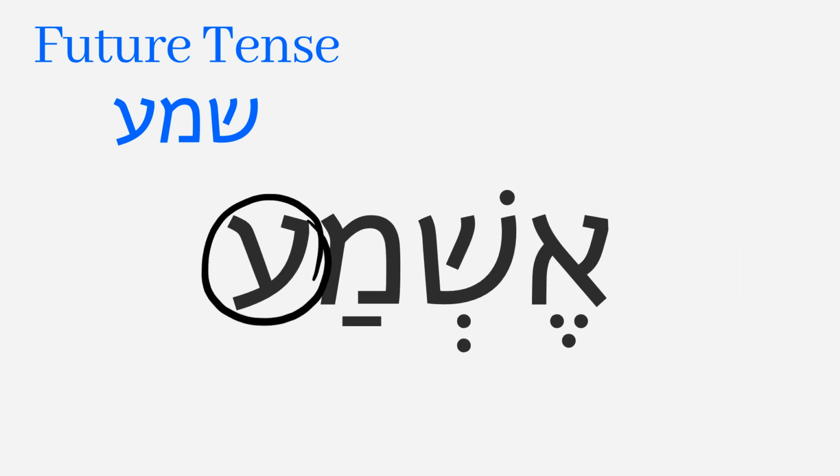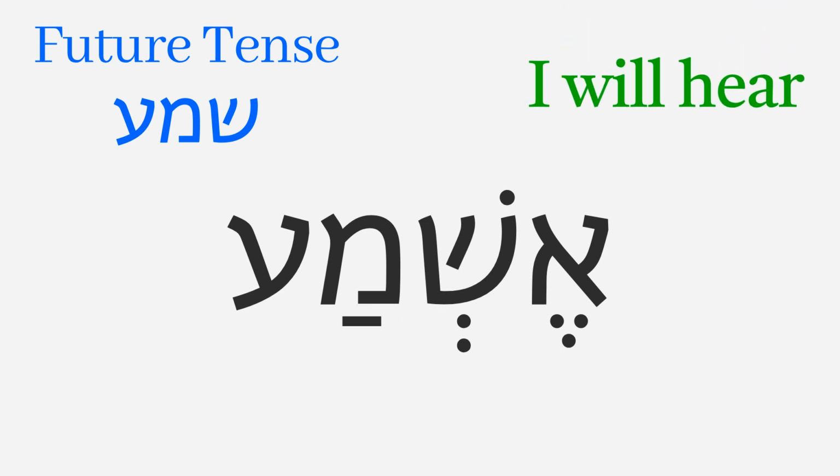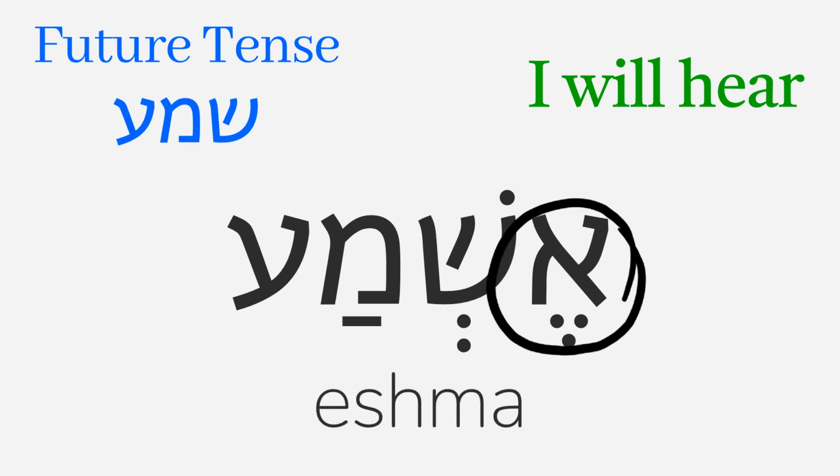When the third root letter is ayin or chet, this vowel will not be a cholam or sagol, but a patach. So I will hear from the root shin mem ayin is eshma, with the prefix and with the last vowel as a patach.